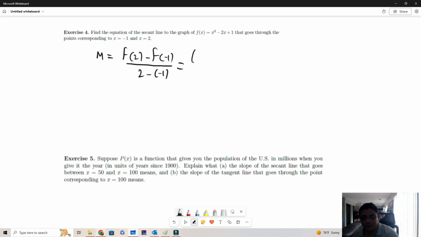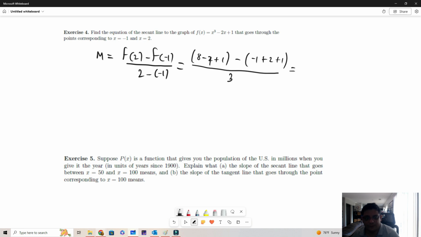If you plug in 2 to the 3, this is 8, minus 2 times 2 is 4, plus 1. So 8 minus 4 plus 1 is 5. And if you plug in minus 1 here, you get minus 1, then plus 2, then plus 1, and you have 2 plus 1, which is 3.